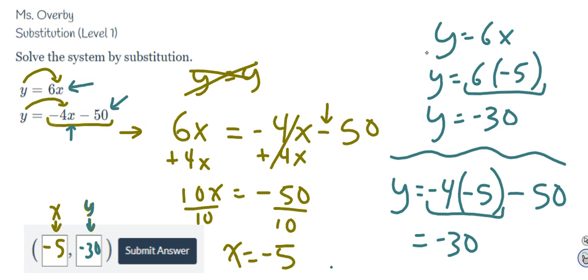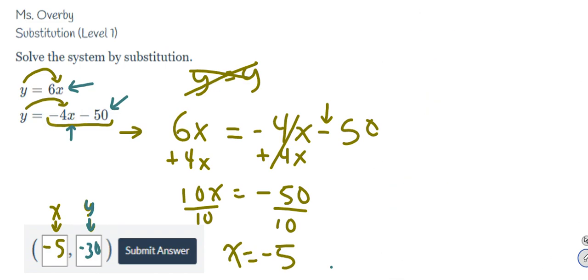All right, I want to stop for just a second because I realized I just flew through something that I think is a hard concept, and that's this whole idea that we're allowed to just plug something in. So let's go back and talk about what we just did. See this y equals 6x? We're saying, hey, x is just a stand-in for a number.